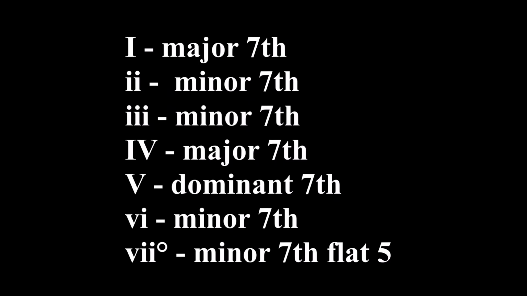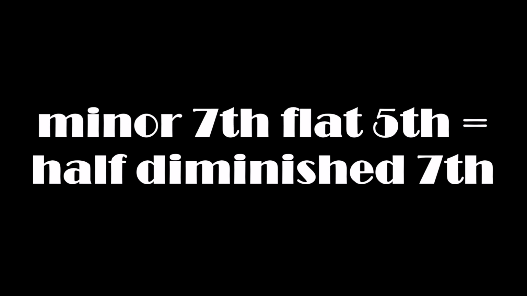The chord pattern for sevenths is major seventh, minor seventh, minor seventh, major seventh, dominant seventh, minor seventh, minor seventh flat fifth. A minor seventh flat fifth chord or flat 5 chord is also called a half diminished seventh chord.